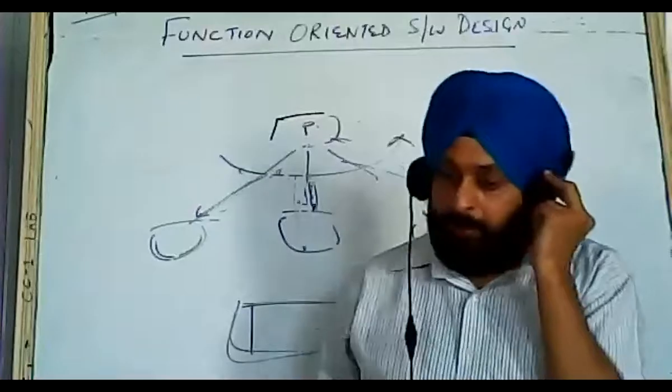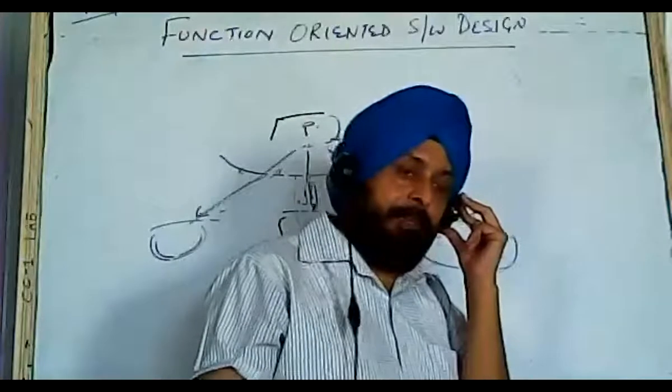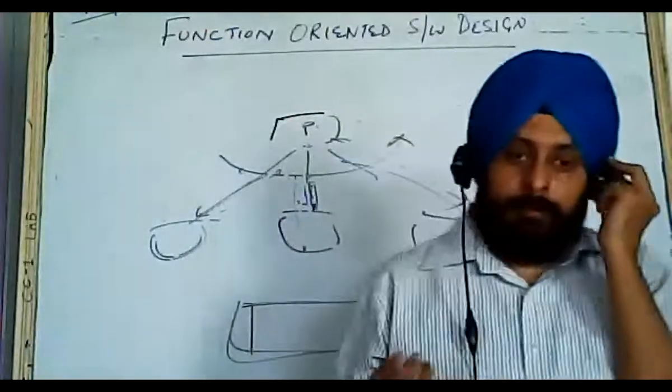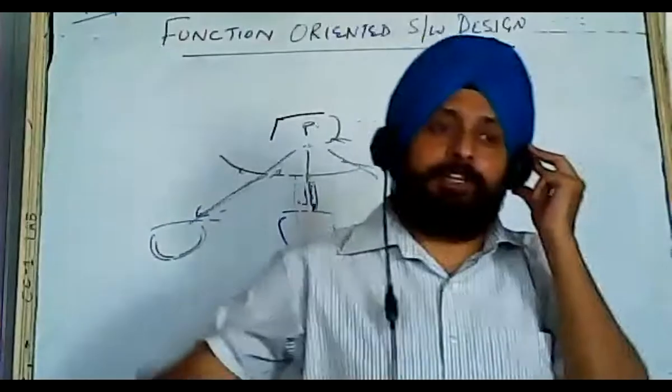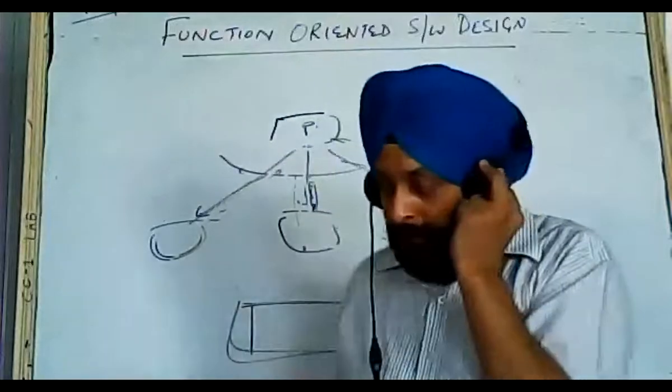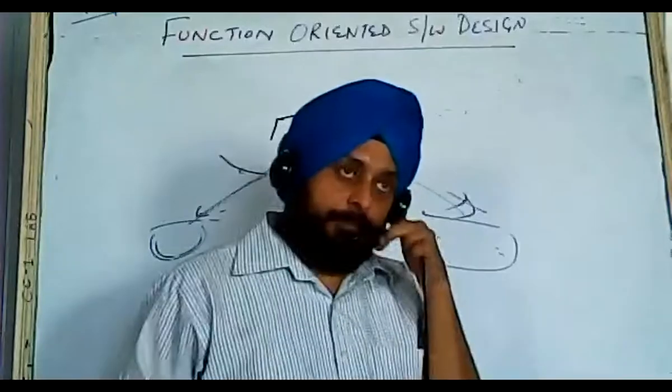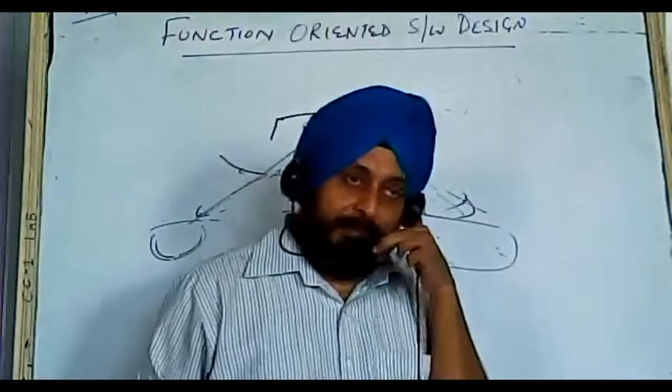Can you in very short, in 1 minute, tell me what we have done today? Just name the topics. Sir, SAST. Okay. What is the name of the chapter? Function-oriented software design. Yes, very good. So what we have done in this? We have done SAST, structured analysis, structured design, then DFD. DFD is drawn in levels.